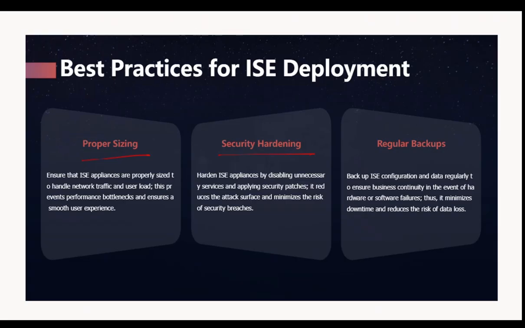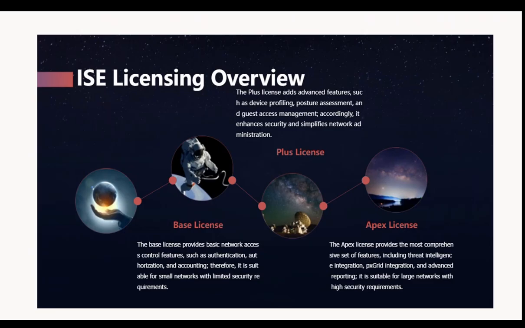You have to harden ICE appliances by disabling unnecessary services and applying security patches, which reduces the attack surface and minimizes the risk of security breaches. There should be regular backups, so a backup of ICE configuration and data should be done regularly to ensure business continuity in the event of any hardware or software failures, to minimize the downtime and the risk of data loss.